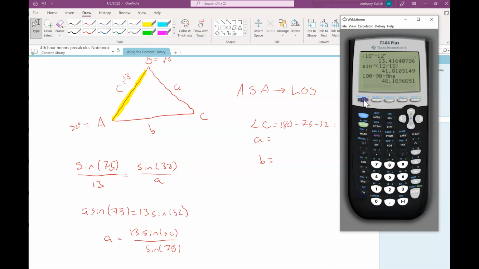I'll use the fraction command to do this, so I don't have to worry about screwing up a parenthesis or something. So 7.13 is what I got there.